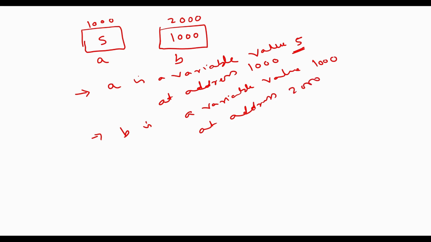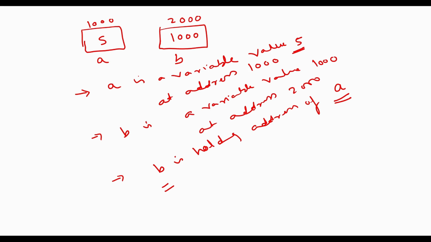Now what more can I say? B is a variable which is holding the address of variable A. So A is a variable which has the value 5 at address 1000, and B is also a variable which is holding 1000 at address 2000.